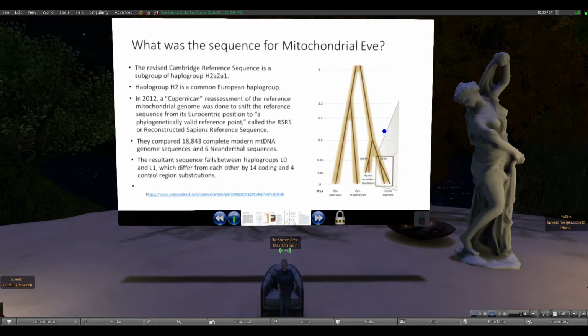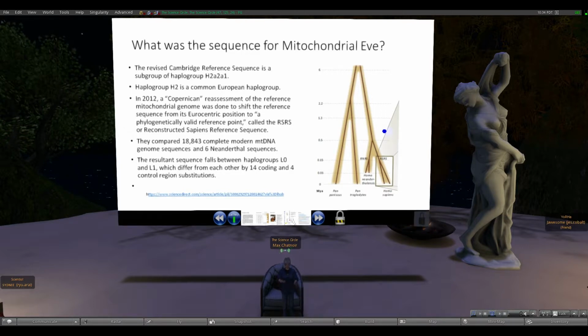And the revised Cambridge reference sequence is a European sequence that has the haplogroup H2A2A1, so it's one of the many subgroups. And all of the European sequences, all of the H group sequences, are much more recent than the MMRCA, the common maternal ancestor.